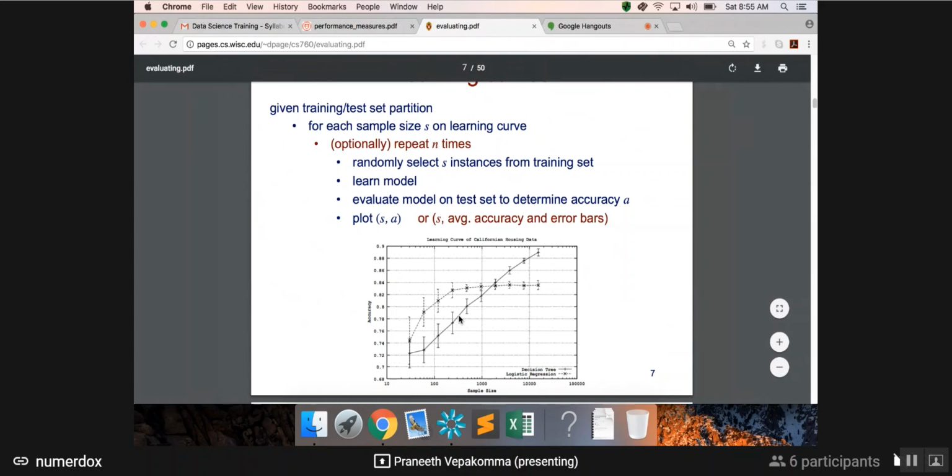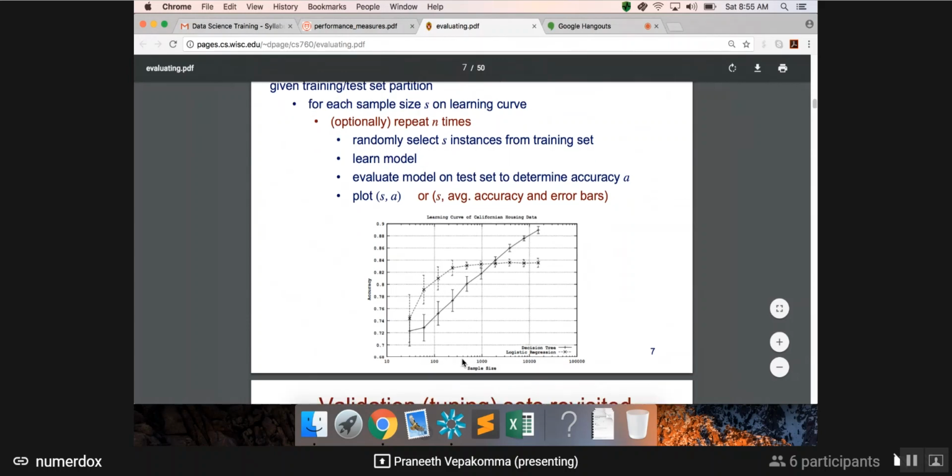This curve, if you see, each point has an error bar. So he's not sure. He only knows that at this sample size, say 750, for example, if you use 750 records of training data, then he estimates that the accuracy is somewhere between 0.77 and 0.81. So he's not sure about one number. So this is the error bar. Here it is much surer.